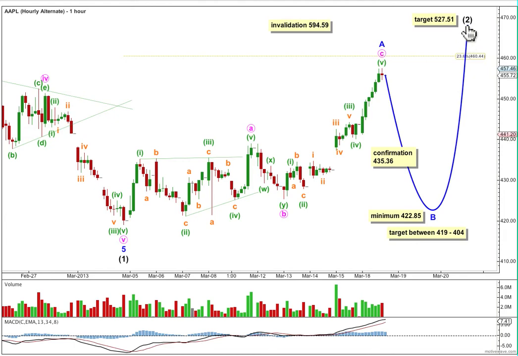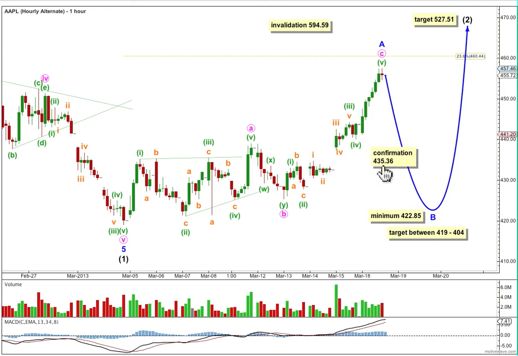If intermediate wave 2 is unfolding as a flat correction, then within it, minor wave A may be a complete zigzag. So far we have a 5, 3, 5 upwards. If intermediate wave 2 is unfolding as a flat, then wave B within it must be at least 90% the length of A. That's achieved at 422.85.